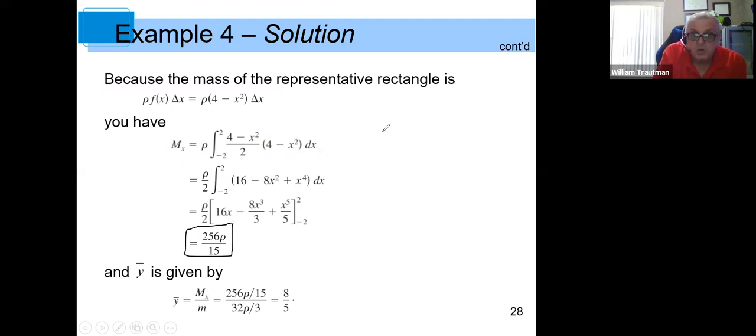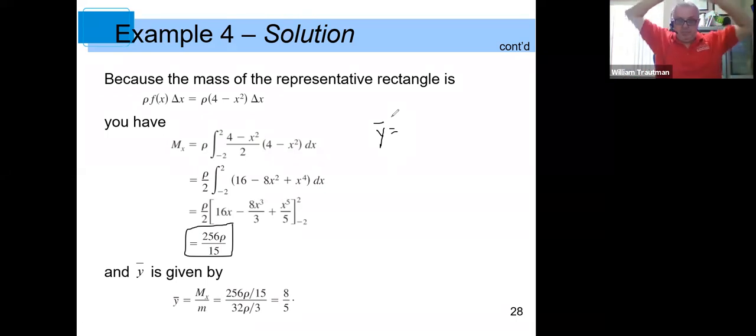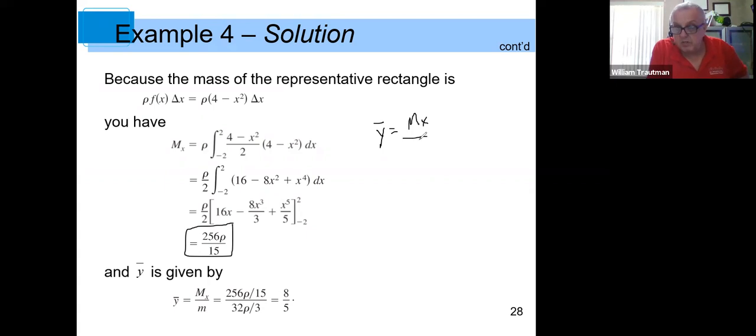Okay, so now to find the y, the fulcrum of the y, the balancing point for the y-axis, it's Mx over m. The Mx we got right here is 256 over 15 times the density.